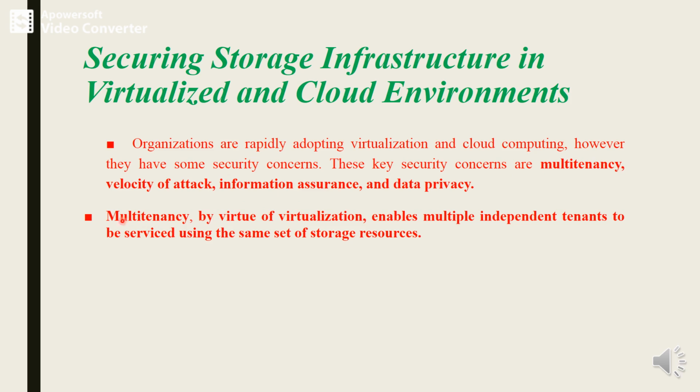What is the meaning of multi-tenancy? Multi-tenancy allows multiple independent users to be serviced using the same set of storage resources. The same set of storage resources can be accessed by multiple independent tenants.